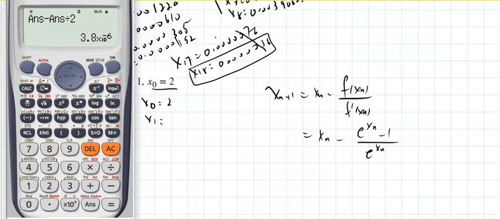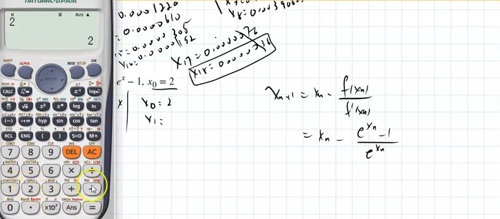So if I take 2 and I plug that in, now that's stored in.